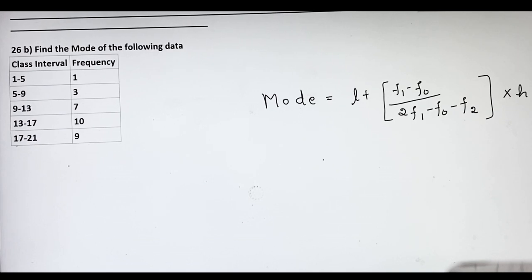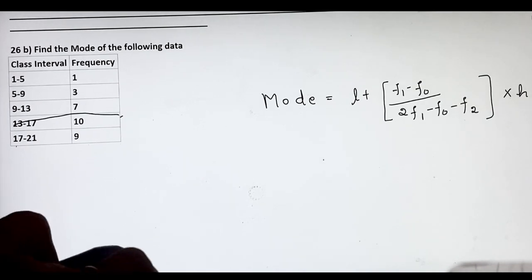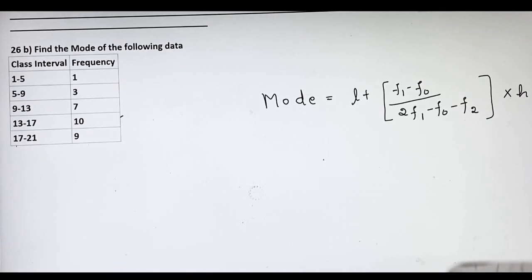First thing we need to do here is find the highest frequency. We have the frequency here, so which is the highest frequency? We need to mark that row. 10 is the highest frequency. This is the row with range 13 to 17, and 10 is the highest frequency.